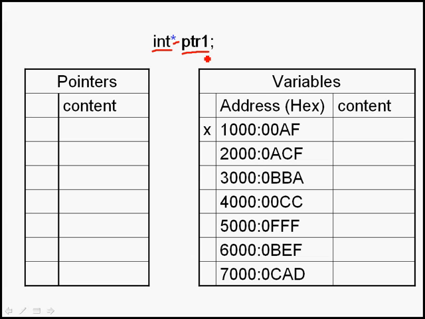That means that I am declaring a pointer. When I declare a pointer, I have to specify the type, then star, then space, and the name of the pointer. So here we are making a pointer ptr1 which will point to an integer.